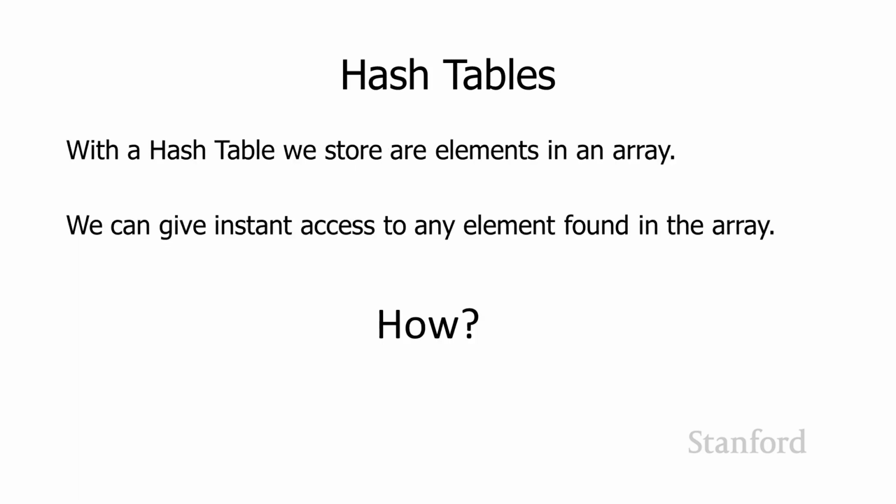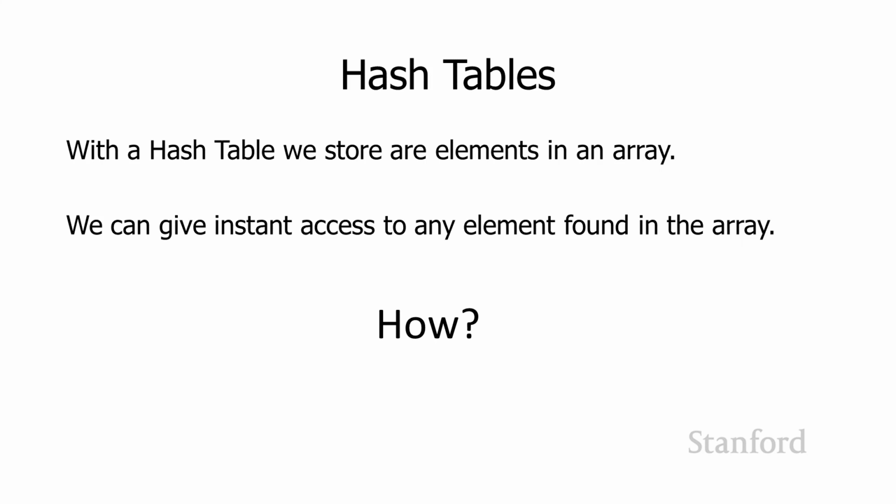So with a hash table, what we're going to do is store all the different items that are going to be in our data set in an array, and we're going to give instant access to any item in the array. With linear search, we had to go through each of the individual items.